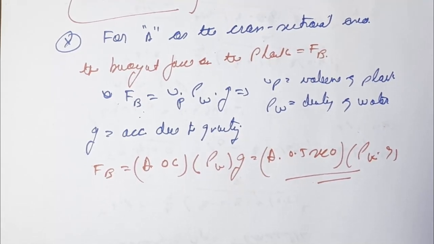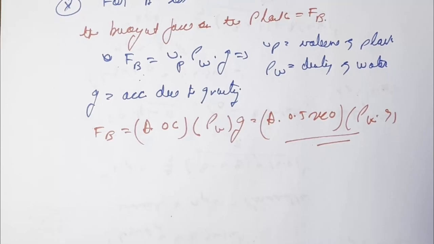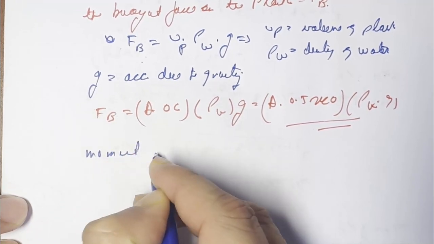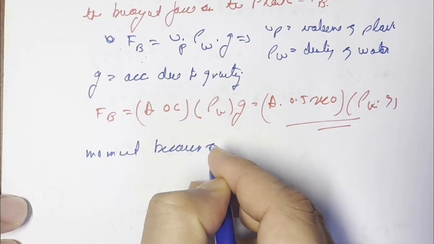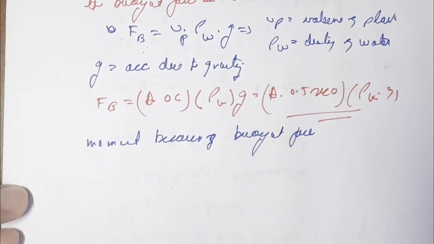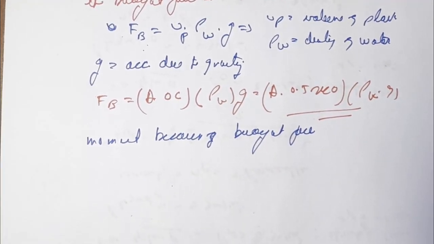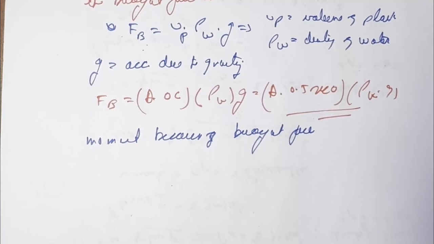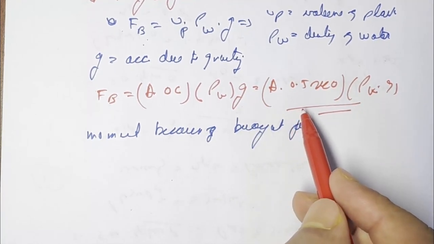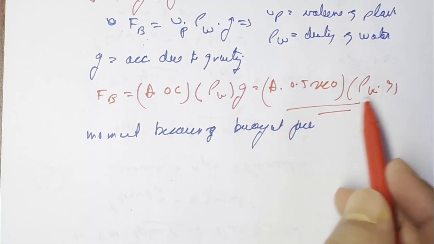Now we can find out the moment because of this buoyant force. So we can say the moment because of buoyant force will be equal to the applied force and the perpendicular distance.